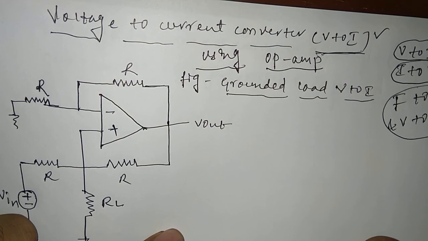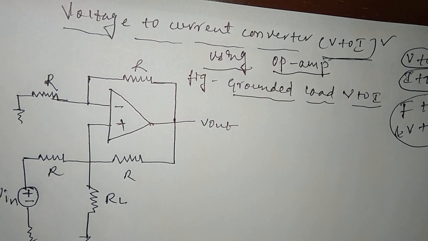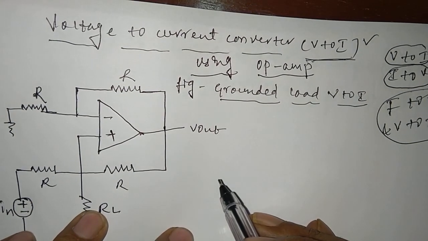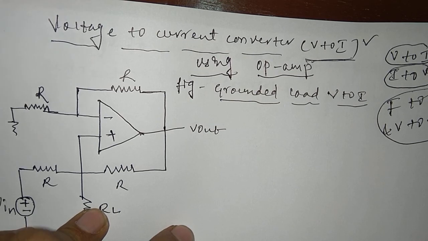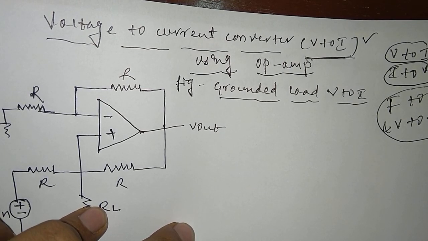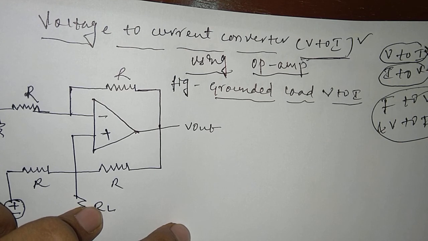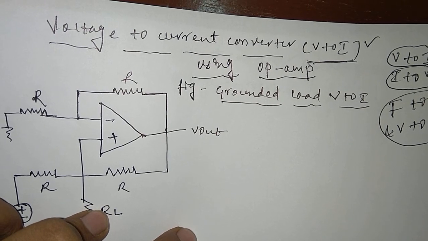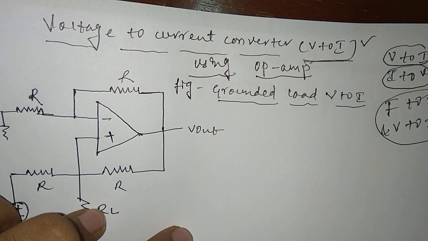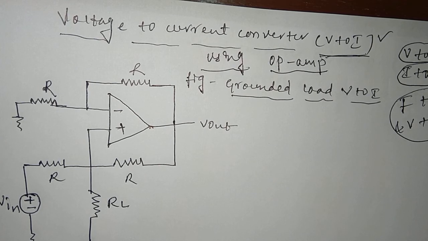Especially in industrial applications, if you have to measure many parameters in the industries, like if you remember our industrial visits, we used to see many sensors meant to measure density, temperature, voltage, current, or any physical parameter like humidity in hydropower plants.